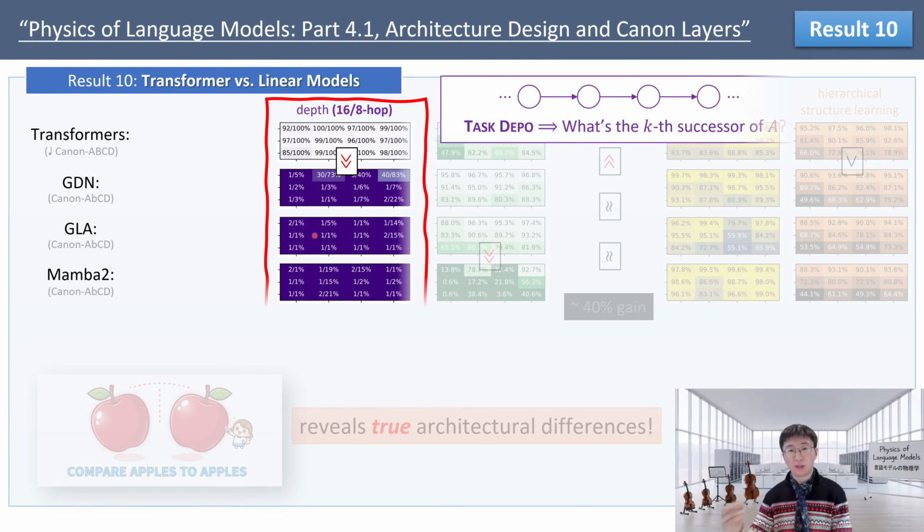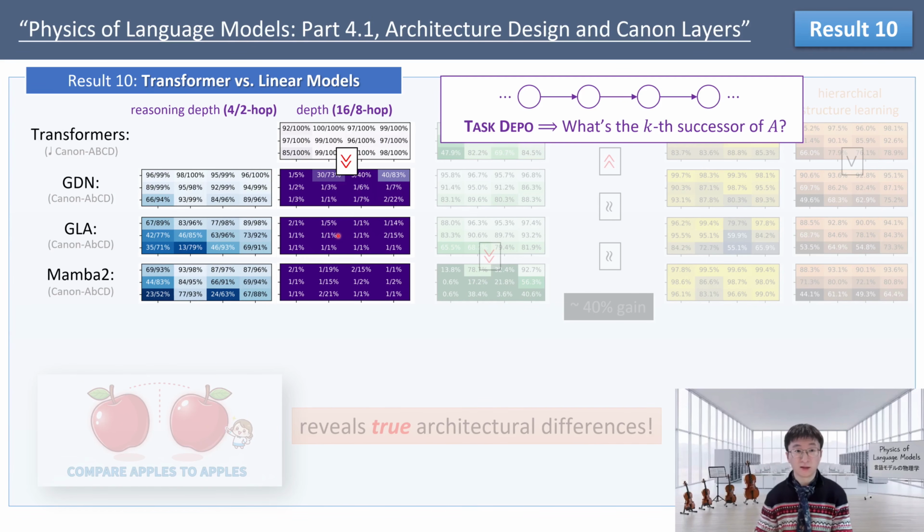Another even bigger difference we discovered is in terms of reasoning depth. Remember the task about answering what is the kth successor of a given node. It turns out that the transformer can perform 16 or 8-hop reasoning, but linear models just cannot. Some of you may find this contradictory to the slides I showed you earlier, because those were for 4 or 2-hop reasoning.